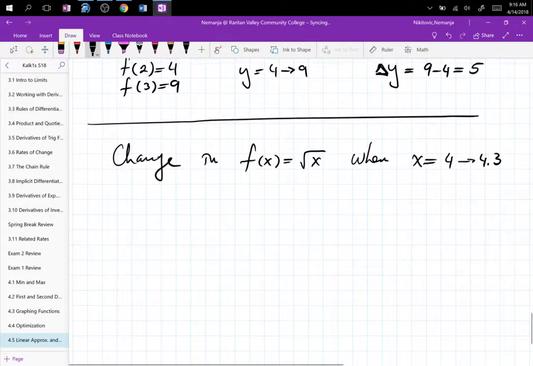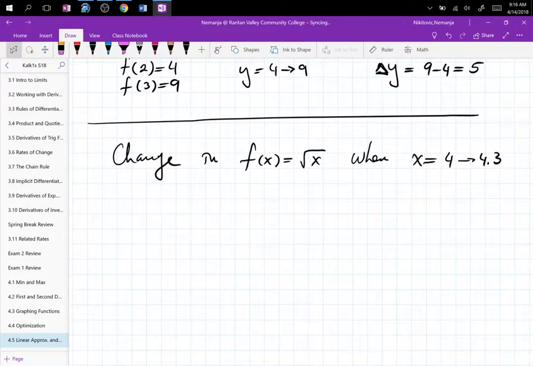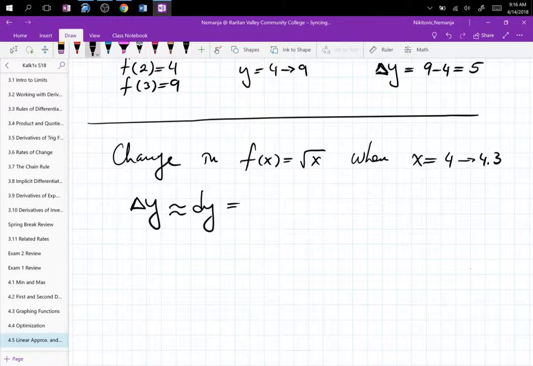So now, what do we do to calculate this? Well, the formula says that your exact delta y, which you don't want to compute because you have to take the square root of 4.3, is approximated by dy. And dy is a joke to compute because it's just the derivative of f of x times delta x. Both of these are easy.